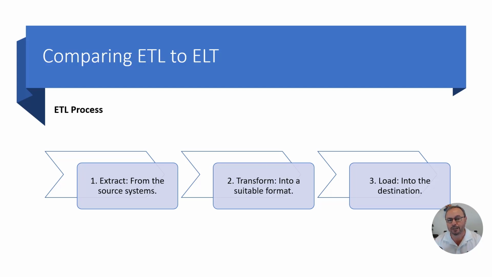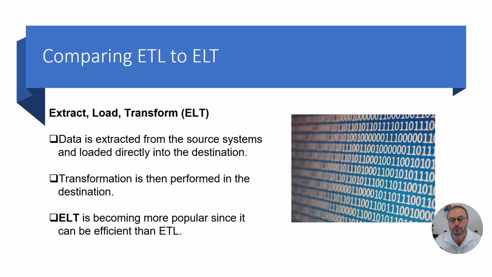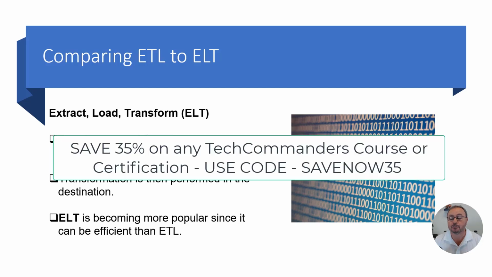So if we want to go into the data and remove any redundancy, clean it up, profile it, that's when we're going to do that, after we load it. ELT is becoming somewhat more popular since it is generally more efficient than ETL.